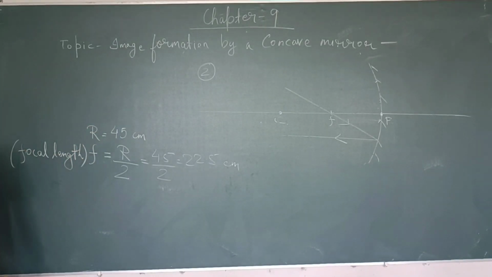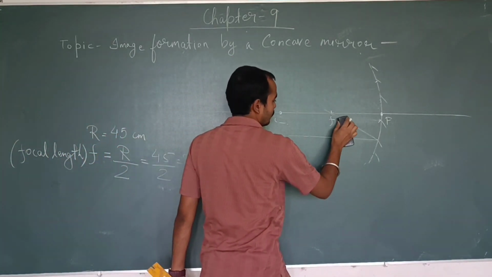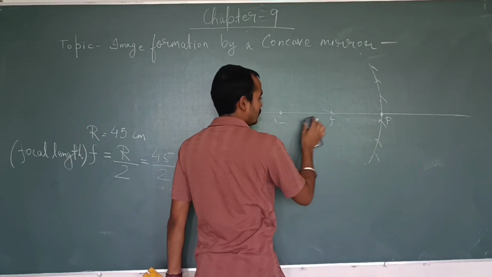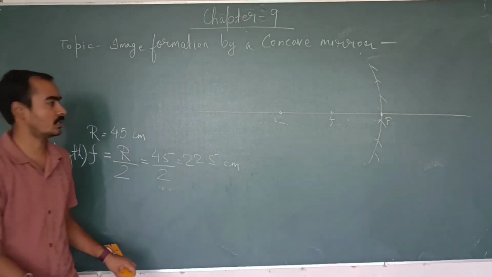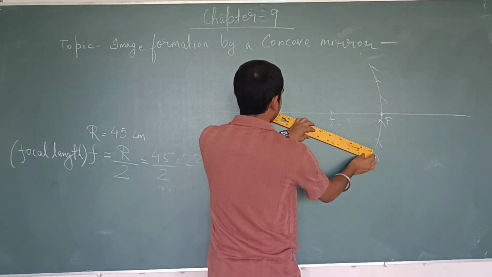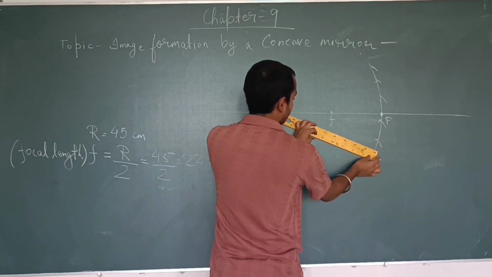Okay, now rule number 3. Suppose a ray of light is going or passing from center of curvature.